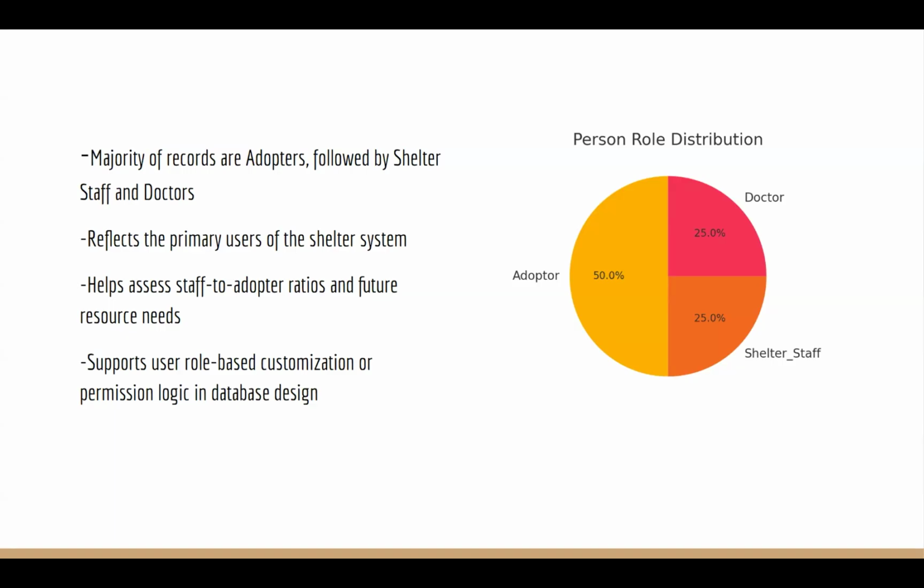As you can see on the chart, we broke down the user roles in our system. Most users are adopters, followed by shelter staff and doctors. This tells us where to focus on system usability and also helps shelters plan resources like staff assignments and user access permissions. Next, please.